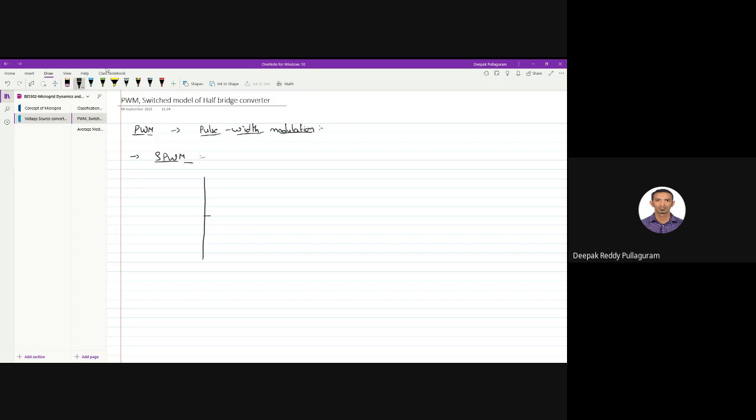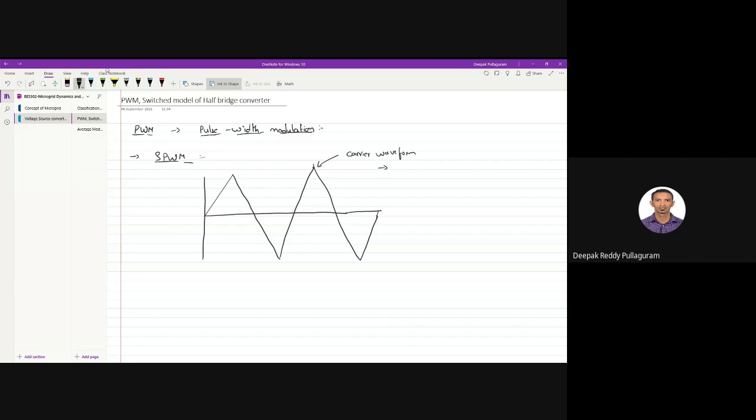Let's say I have a triangle waveform. This triangle waveform is what we generally call a carrier waveform. It has the switching frequency.